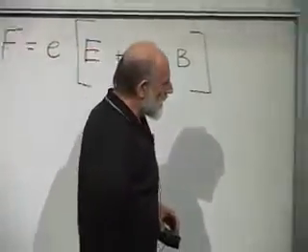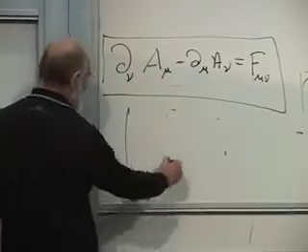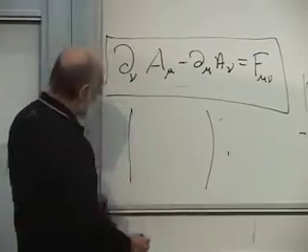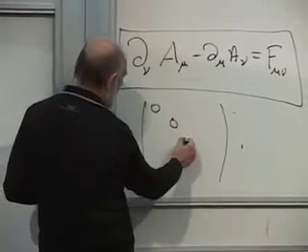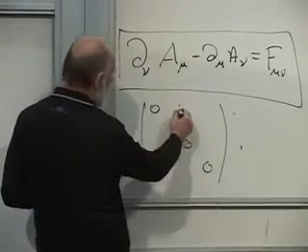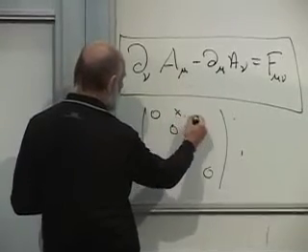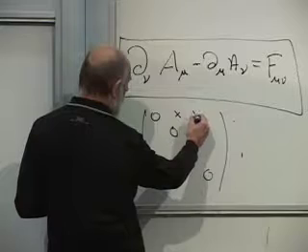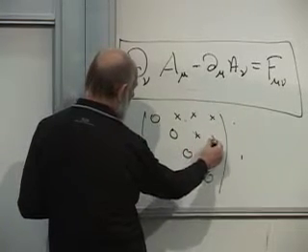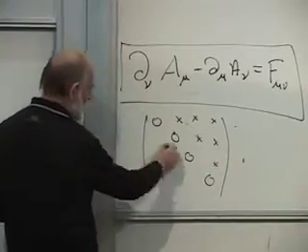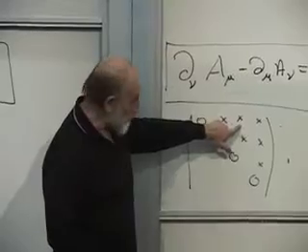6. 6 independent. You can think of it as a 4 by 4 matrix, 16 to start with, 0 on the diagonal, and off the diagonal, there are 6 above the diagonal and another 6 below, but the 6 below are just the negatives of the ones above.